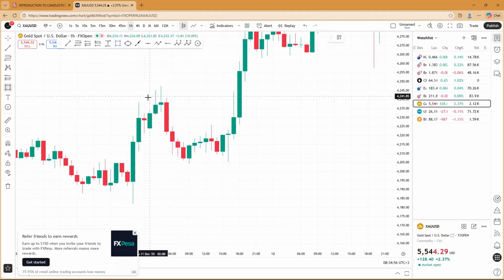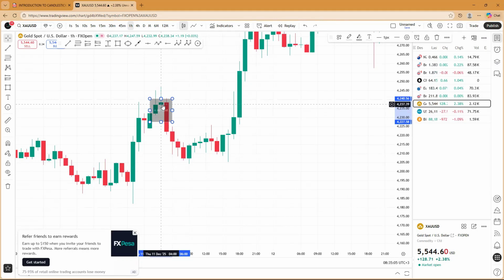The good example is this one. Price was trending up and we have a nice bodied green candle. And then the next candle might be green or red, might be a doji or any other candle, but small bodied. And then the red candle comes and engulfs the whole pattern. Do you see that? Yeah, perfect.